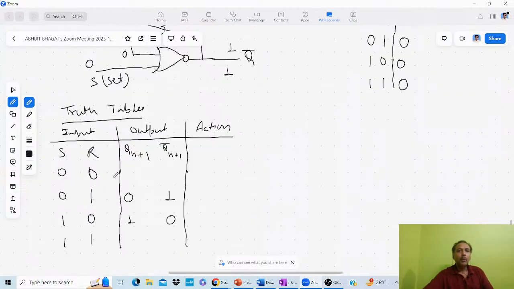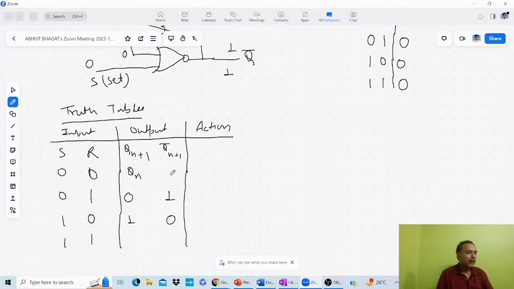Okay. So previous output is Qn and Qn bar. Okay. So whatever the previous output, it will be same as it is if you supply the 0 0 to the input side.